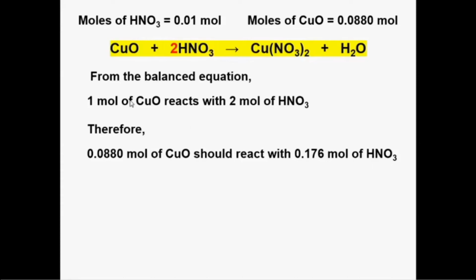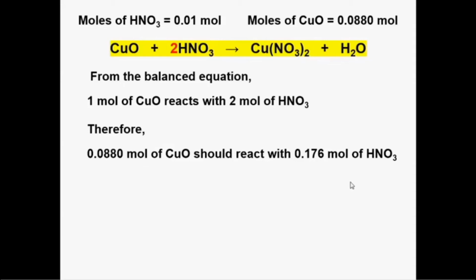Why? Because the ratio is 1 to 2. So that's why this is the moles of nitric acid needed to react with 0.088 moles of copper 2 oxide.